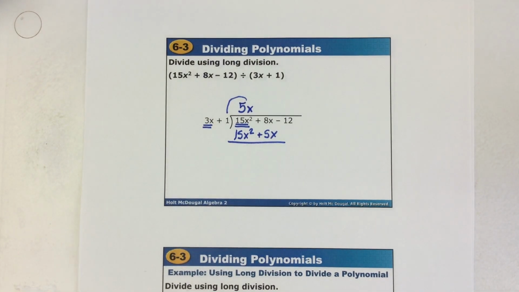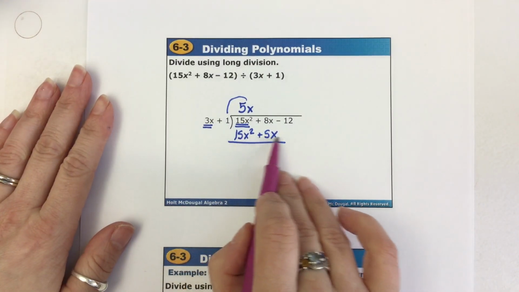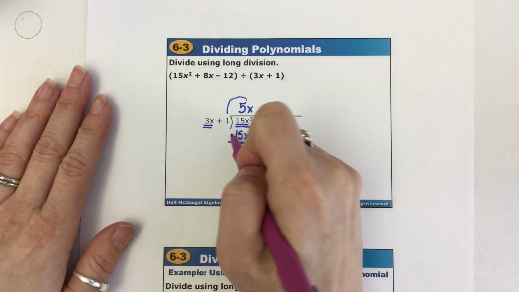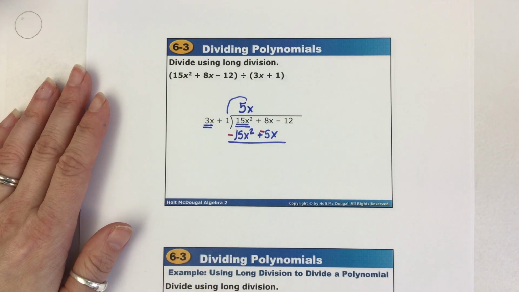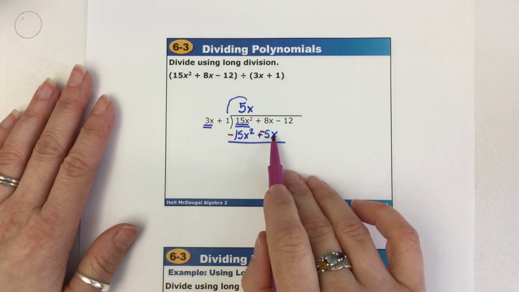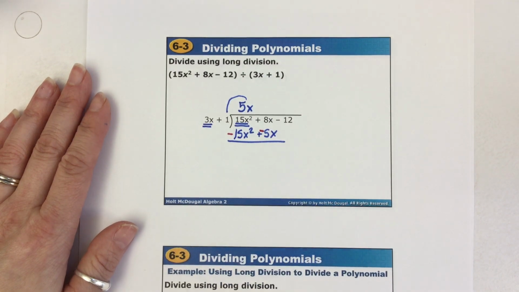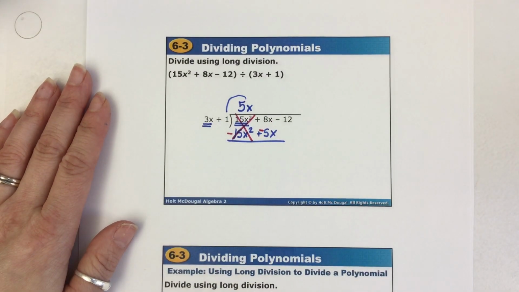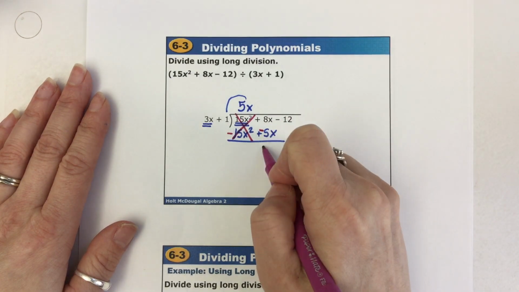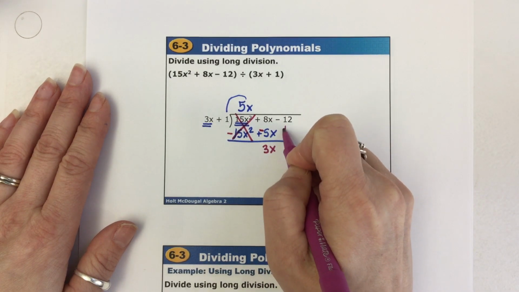In order to cancel them, you're going to take the whole second row and change the signs. So anything positive becomes negative, anything negative becomes positive. So both of these terms become a negative. Now when you add them together, 15x squared and a negative 15x squared cancel. 8x minus 5x is 3x.